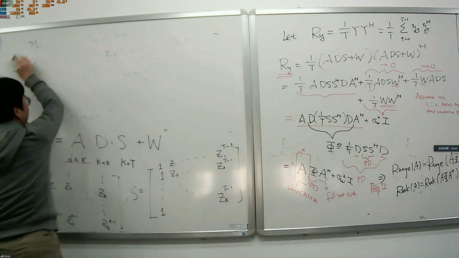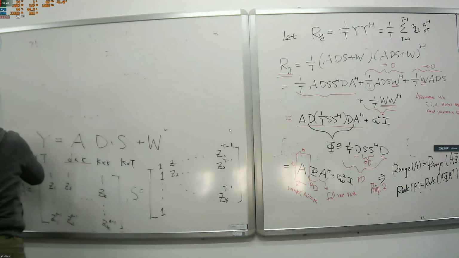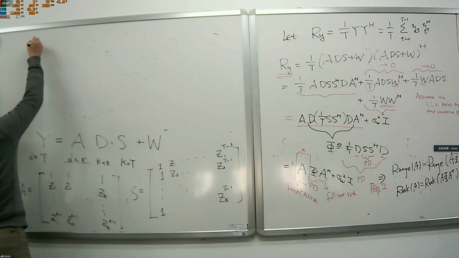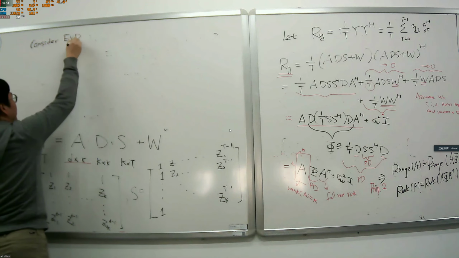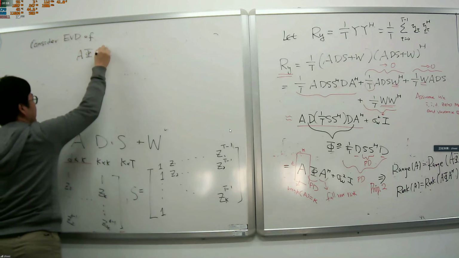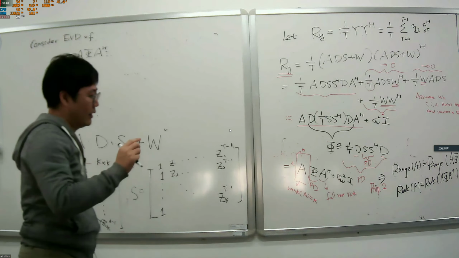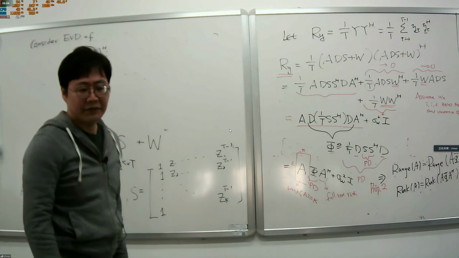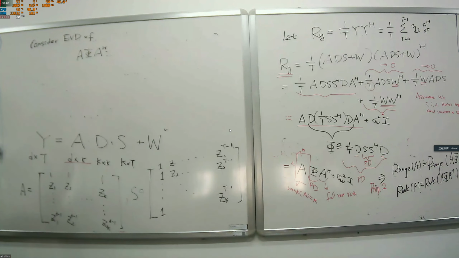So this means that the EVD: you consider the eigenvalue decomposition of this A phi A Hermitian. Now you know the rank is K, so it has K non-zero eigenvalues. And it's a PSD matrix, so these eigenvalues are non-negative, right?